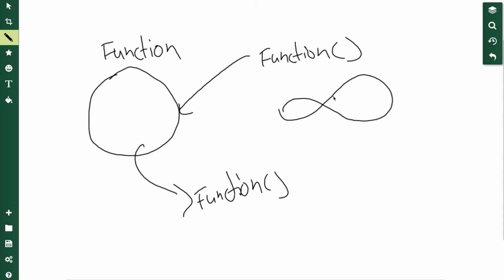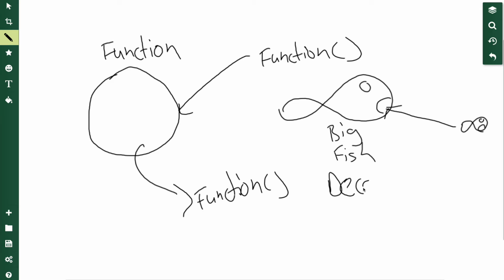And so we were talking about this earlier. If we're talking about a giant fish here, maybe this is like a hungry fish that wants to eat another function. So if you do feed it like the little fish, right? So who would be who? Well, the big fish here would be a decorator, right? And so a decorator in Python is able to slurp in a smaller function, and then it's able to kind of emit it out.